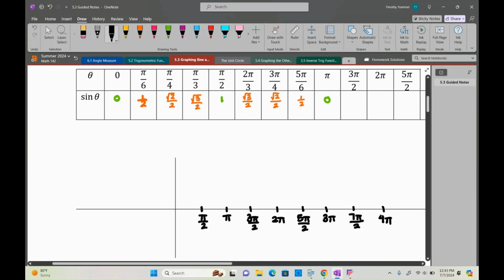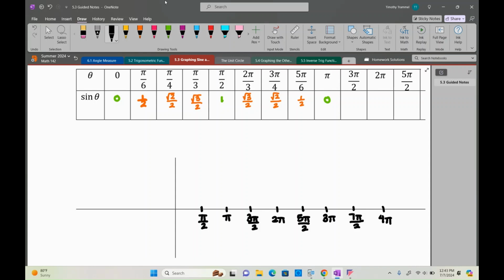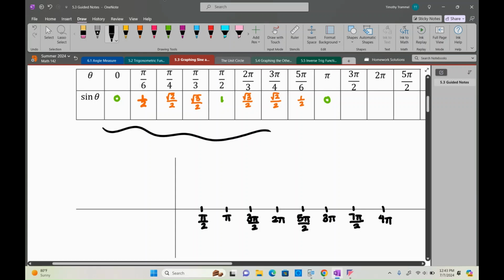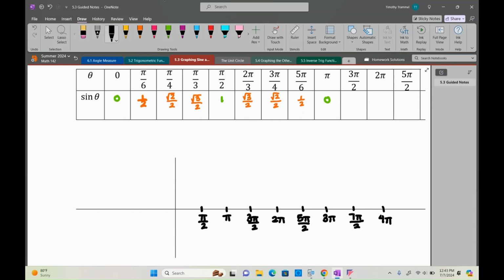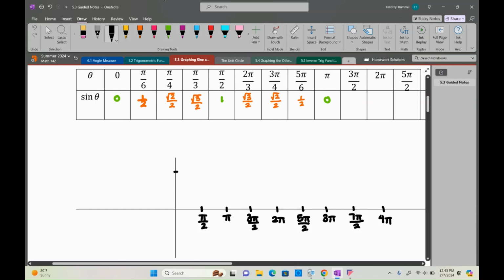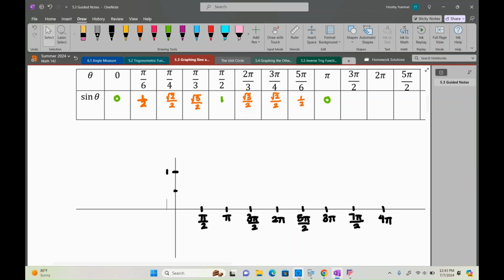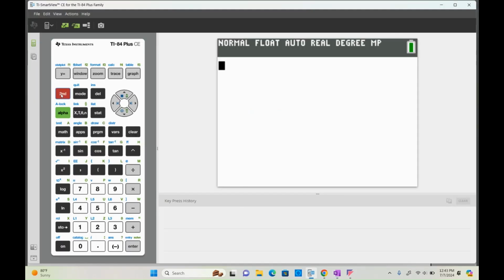All right, again, let's focus on the values that we have up here. Notice that so far they are only between 0 and 1. So I only need to go up to 1 here. Let's maybe make 1 be right here. We could have a half be here. This square root of 2 over 2, let's see approximately what that one's equal to.